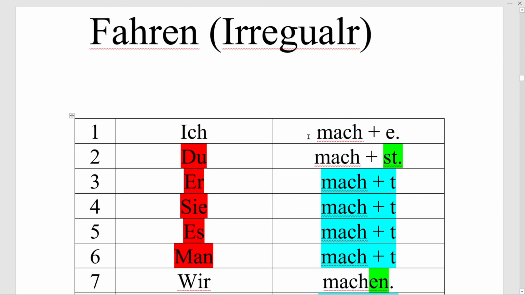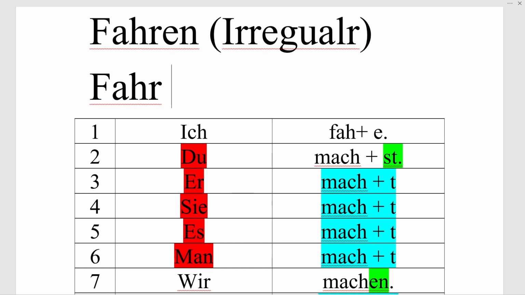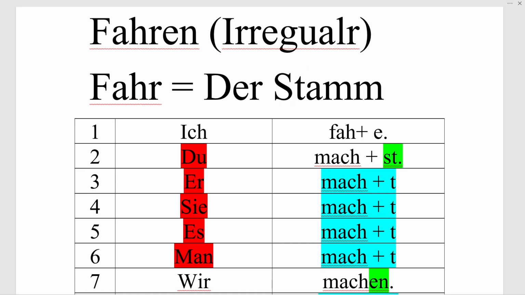Now we want to do fahren here. The root for fahren, if we remove en, is going to be fahr. This is the stem, or the Stamm, the root. So don't worry about this der, because I'm going to talk about this in future.